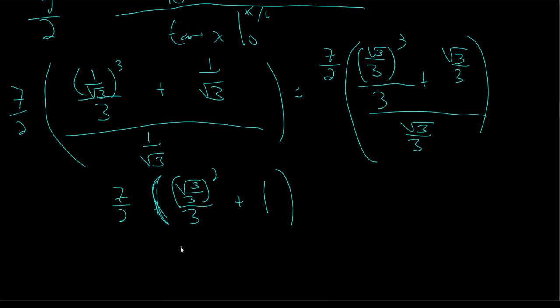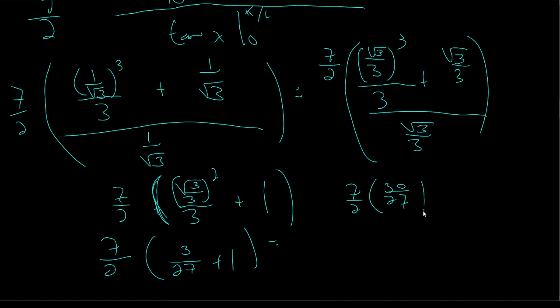And so I'm going to get 3/27 plus 1, all times 7/2, which is equal to 27 over 27, 30/27. 7/2 times 30/27, or 7 times 15 over 27.